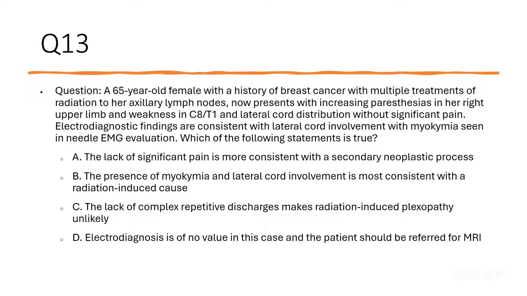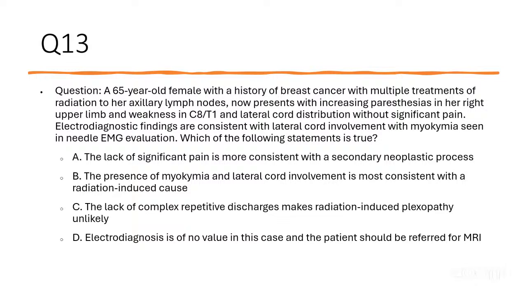A 65-year-old female with a history of breast cancer with multiple treatments of radiation to her axillary nodes now presents with increasing paresthesias in the right upper limb and weakness in C8-T1 and lateral cord distribution without significant pain. Electrodiagnostic findings are consistent with lateral cord involvement with myokymia seen in needle EMG.